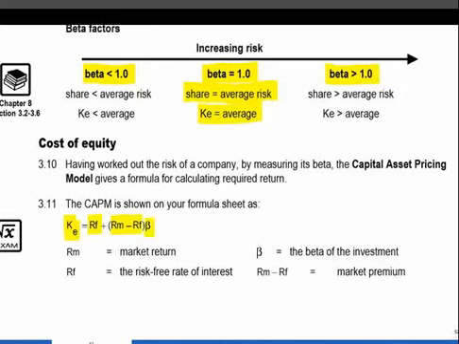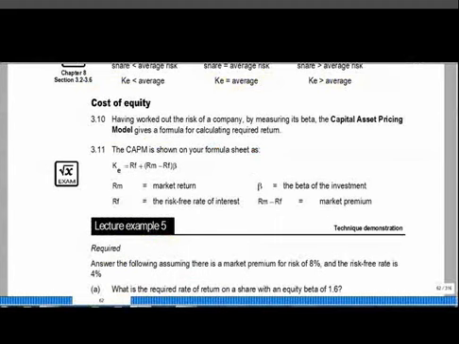So let's practice using the formula. It's probably worth just reiterating what the terminology means before we go into the numbers. So at the beginning of the formula, we're saying all investors will want a risk-free return. This is normally measured in the UK as the return on short-term government treasury bills. The government will definitely repay.